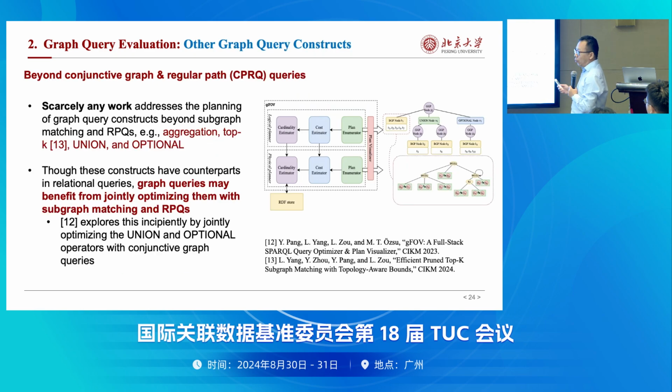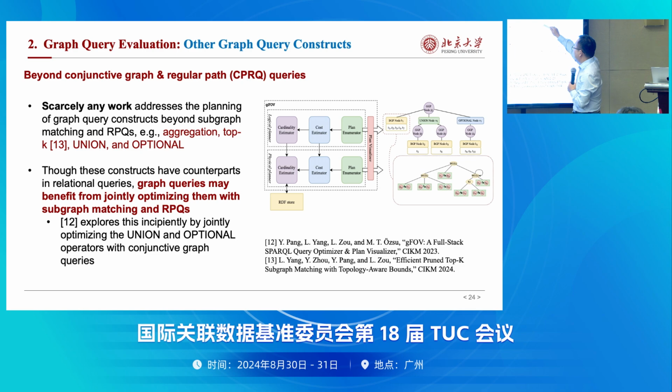Beyond the CRPQ queries, we have some other constructors such as union, optional, top-K, and aggregation. For the top-K, we have one paper in this year's ICDE. For the other constructor queries, we had one at ICDE last year. For that, we propose an evaluation tree. In this evaluation tree, each leaf node is a CRPQ, and the internal nodes are operators such as aggregation, union, optional, and others.